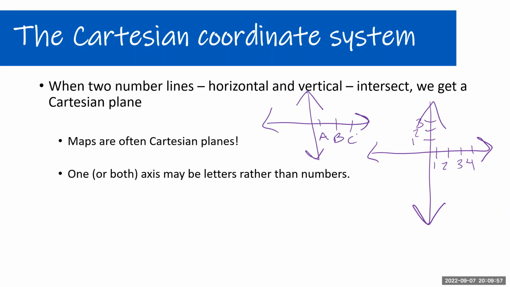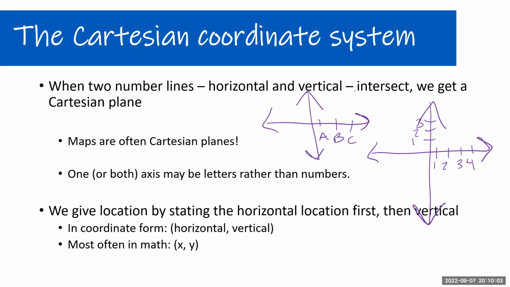It's really just a way of saying, okay, I want this far on the horizontal and then this far up or down on the vertical. So just like I was saying, our location is going to be stated with the horizontal first and then the vertical. Most often in math, we're seeing the X and the Y, where your horizontal axis here is X and your vertical is going to be your Y, okay? But no matter what you're presented, horizontal first, vertical second.